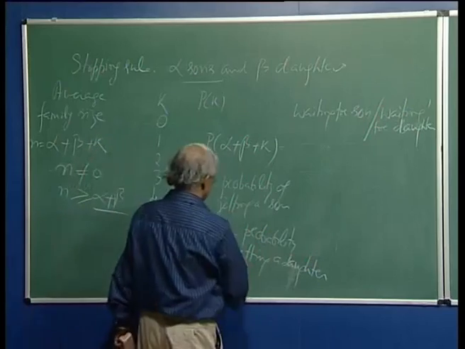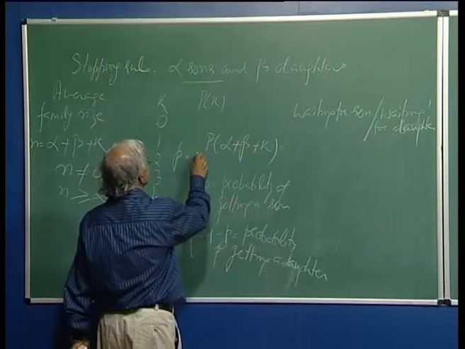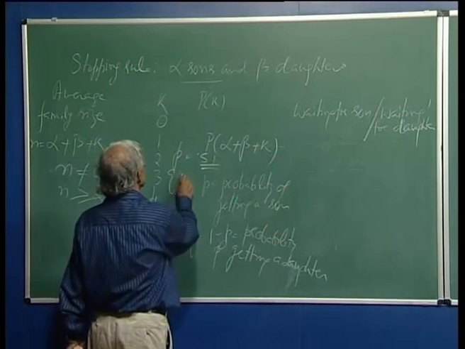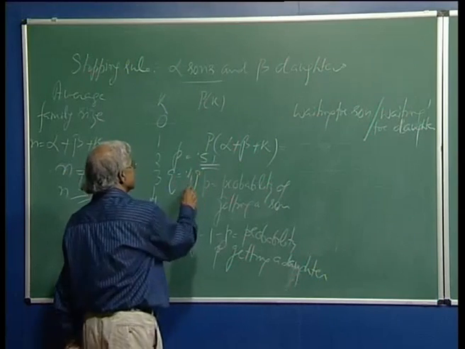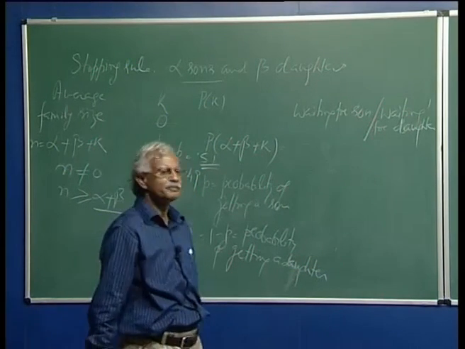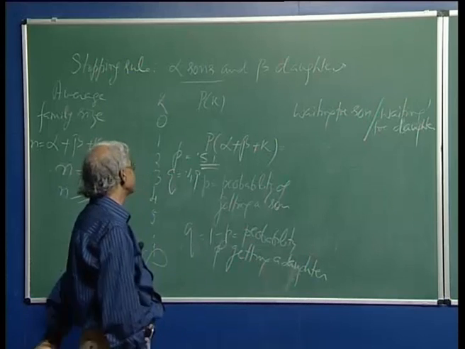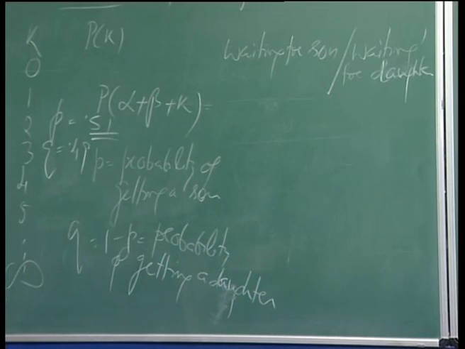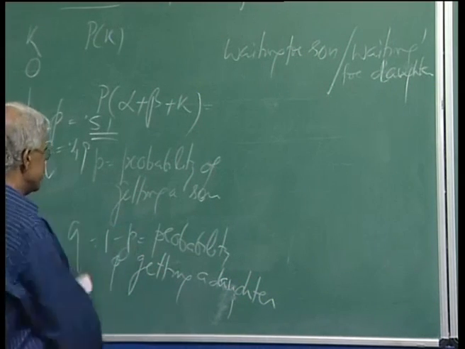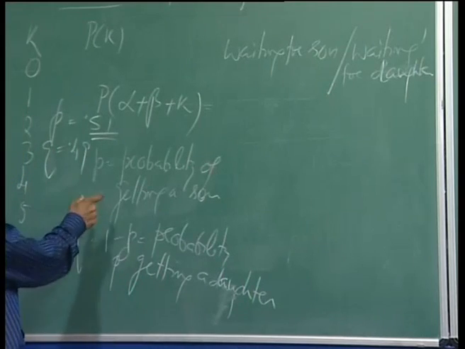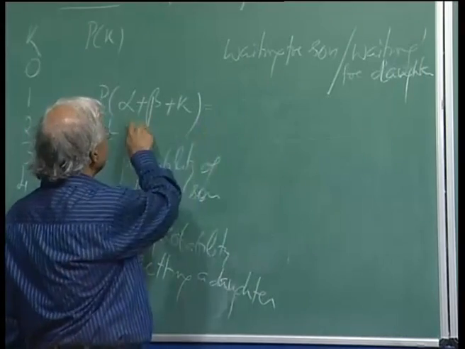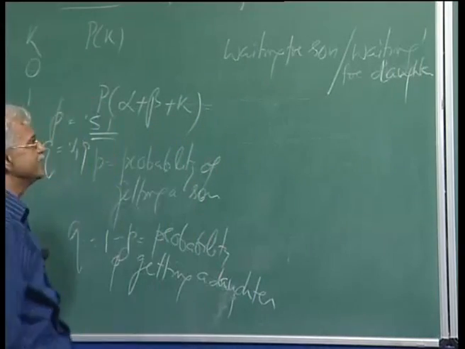Usually P is 0.51, it is more than 0.5, and thus Q is around 0.49. If P is 0.51, then Q is 1 minus P, or 0.49. P plus Q is 1. So, a child is either male or female. Now, the probability of this kind, out of alpha plus beta plus k children.